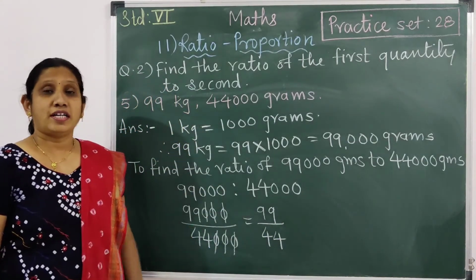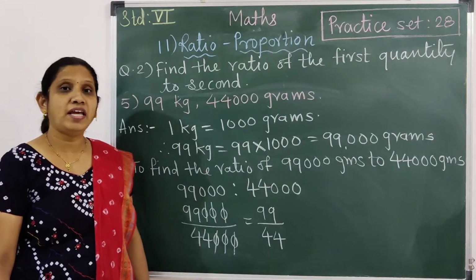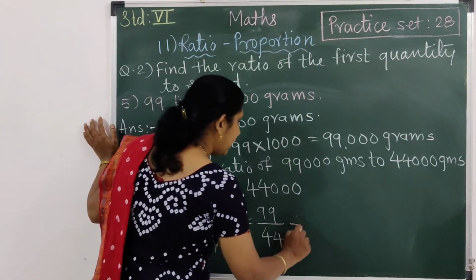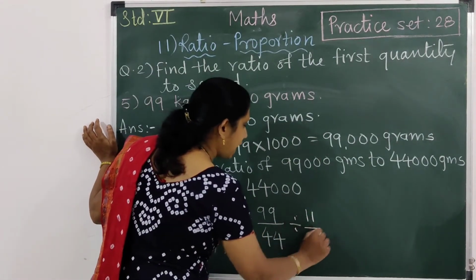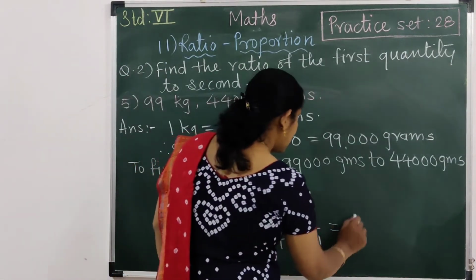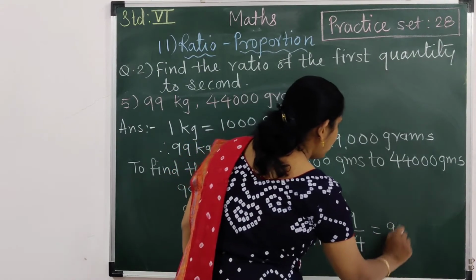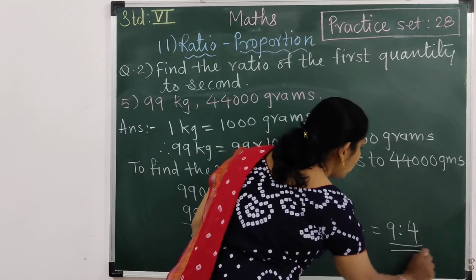Now, it is very much clear, both the numbers are divisible by 11. So divide by 11 in the numerator as well as in the denominator. So 11 9s are 99, 11 4s are 44. So what is our answer? 9 is to 4.